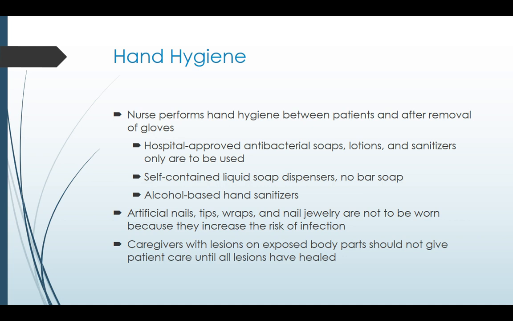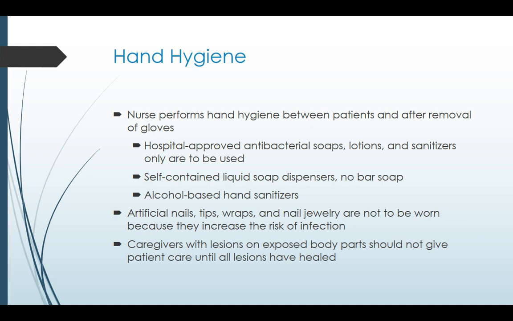Hand hygiene, that is something that is very important with COVID-19, is that you want to make sure that you wash your hands for 20 seconds and wash in between patients and after removal of gloves.